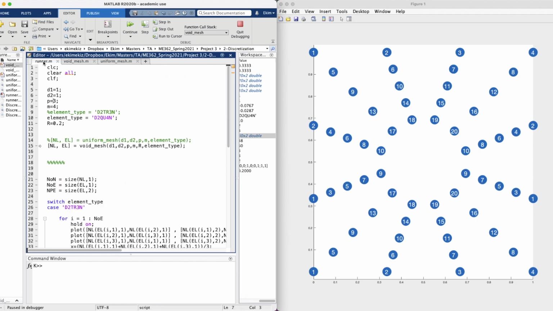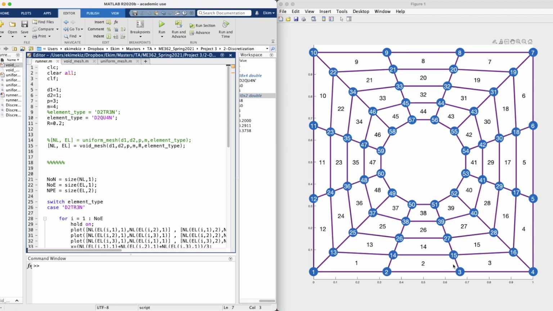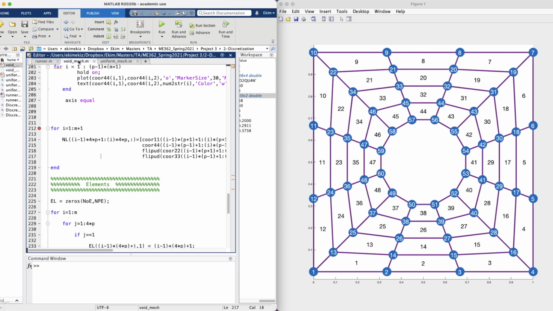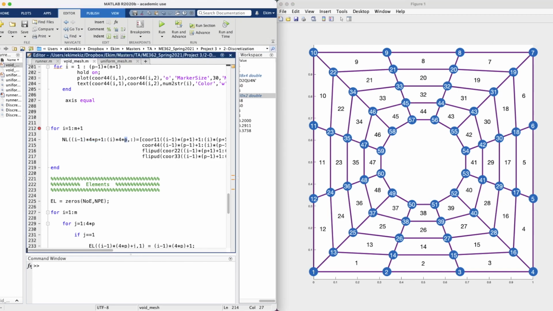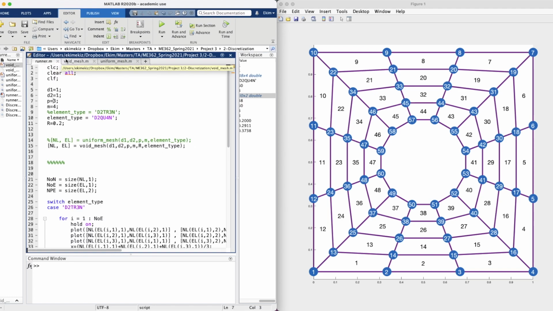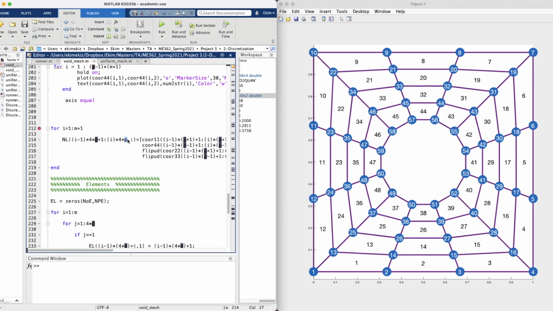Well, let me actually continue so that we see the mesh we want to have. So for this one we were at 1, right? For this one, p is, if I remember correctly, 3. So 3 times 4 is 12. So this should be the 12th node.